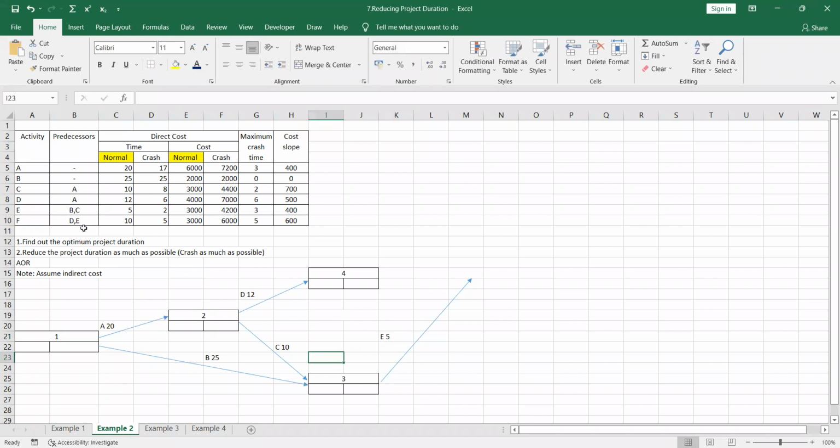Again, D and E are the predecessors for the F activity. That means this can be taken from here.